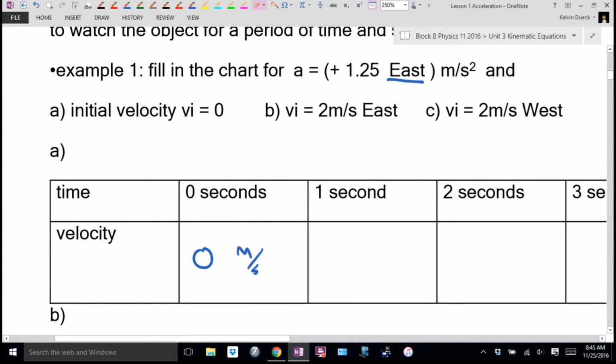Every second, our speed is changing by 1.25 meters per second in the east direction. So if we start at 0, after 1 second, we're going to be going 1.25 meters per second east.